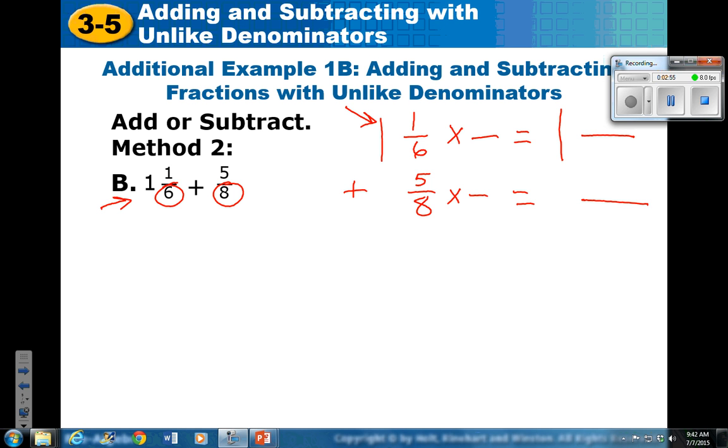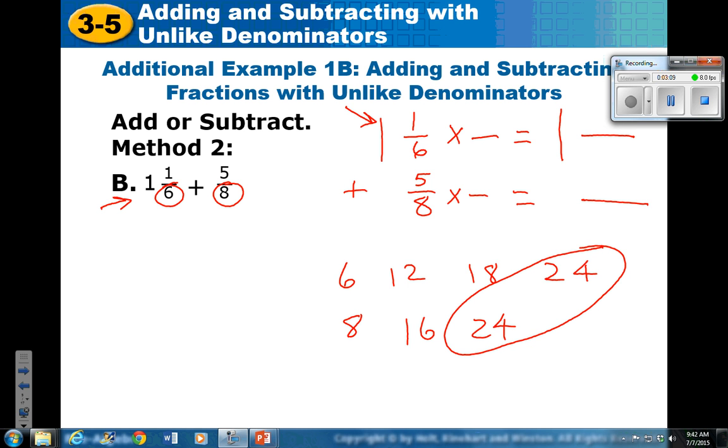Now when we count by 6s and we count by 8s, we get 6, 12, 18, 24, and with 8 we've got 8, 16, 24. The first one that we come to and that appears in both lists is 24. So our least common denominator is going to be 24. So I'm going to put that in both places.